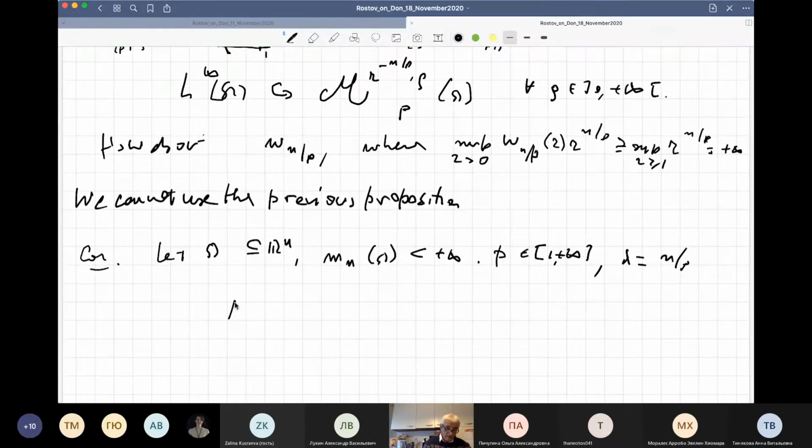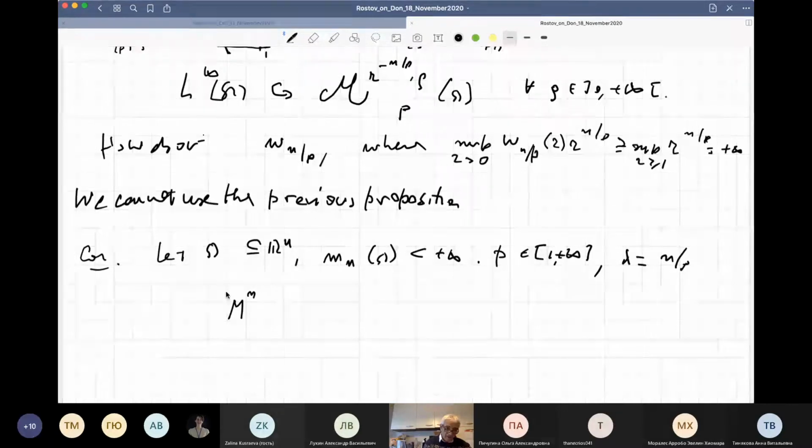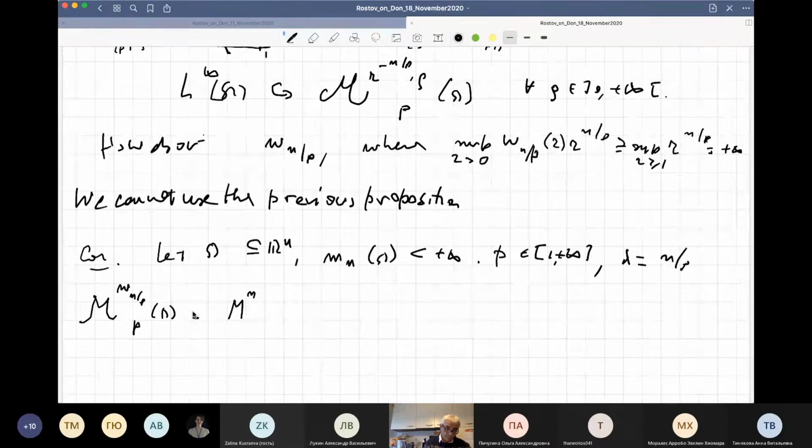Then the Morrey space M, which corresponds to this weight, which was, if you remember, corresponding to the L p, okay. So this is just for you to remind what this is, but the content of this theorem is that this is L infinity of omega.